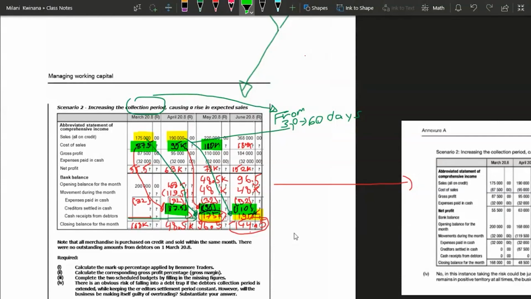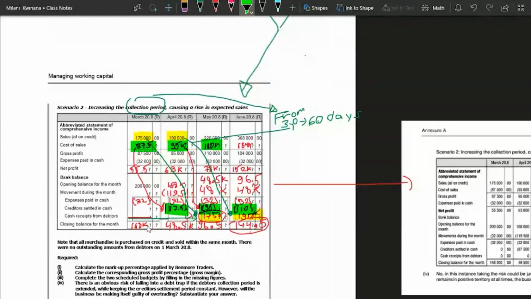Okay. The rest now becomes easy. Milani, do we agree? I think she left, sir. Okay. So Luco, therefore, if the movement during the month is negative, we take the opening balance of the month, which is 200,000, minus the 32,000. That's how we get the 168,000.